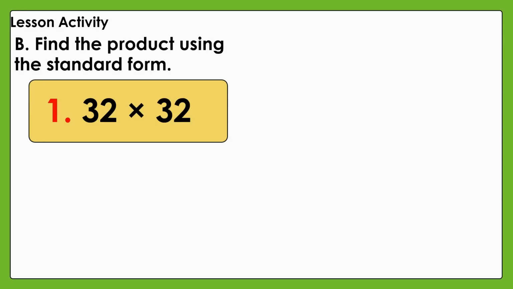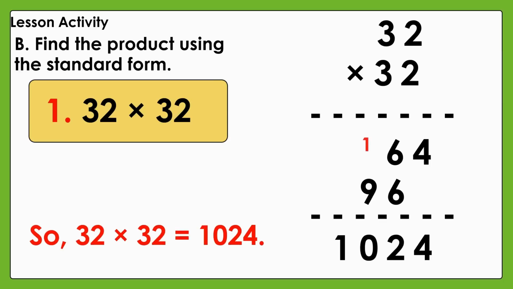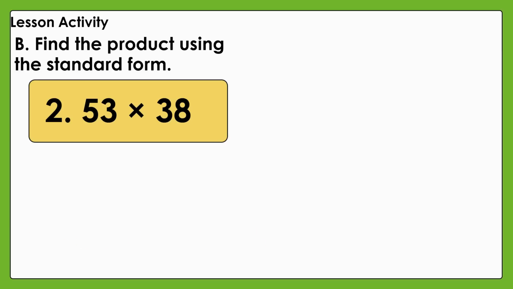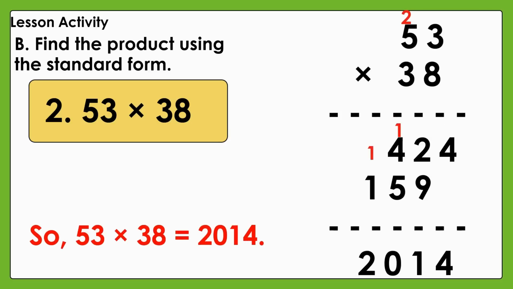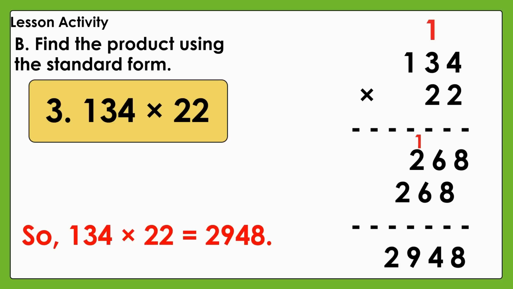Let us answer. Number 1, 32 times 32 is equal to 1,024. Number 2, 53 times 38 is equal to 2,014. Number 3, 134 times 22 is equal to 2,948.